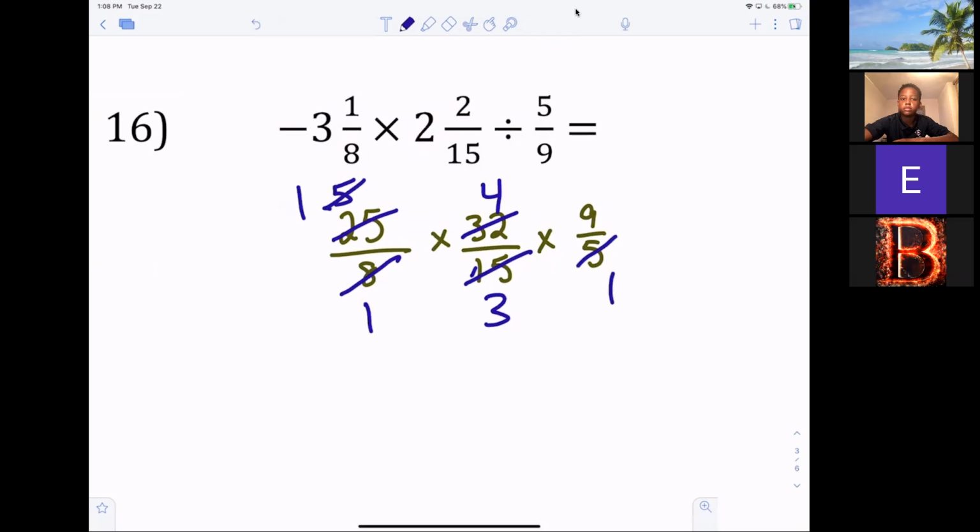And then the 30 comes over, and the 9. Final answer, 12. That is exactly right. Now we have to go back and double check. It is what? Negative. Negative 12. Good job. You have to be able to tell me what number goes into each number. That's what you're doing. Okay?